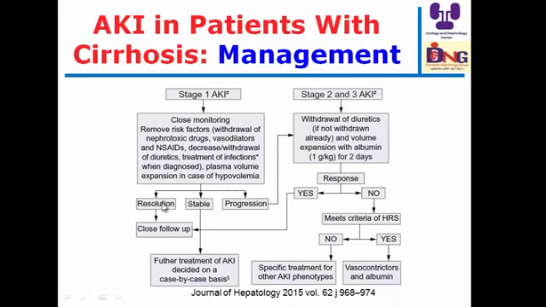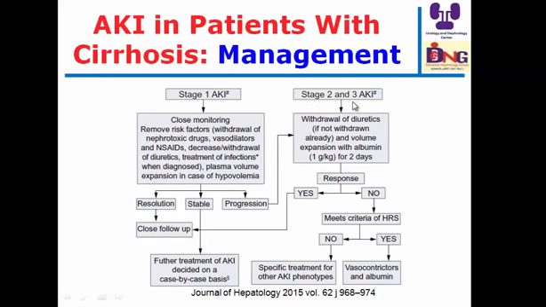Either the situation resolves, so just a close follow-up, the patient becomes stable, further treatment of acute kidney injury decided on a case by case basis, or the patient progresses. If the condition progresses, we should move to the side of stage 2 and 3.